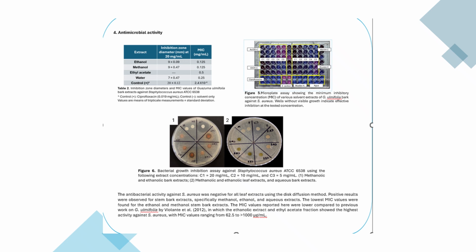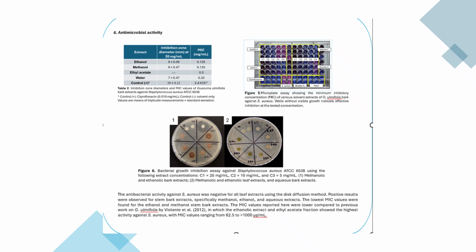The results indicate all leaf extracts were negative using the disc diffusion method. Positive results were observed for stem bark extracts, specifically methanol, ethanol, and aqueous extracts. The lowest MIC values were found for the ethanol and methanol stem bark extracts.